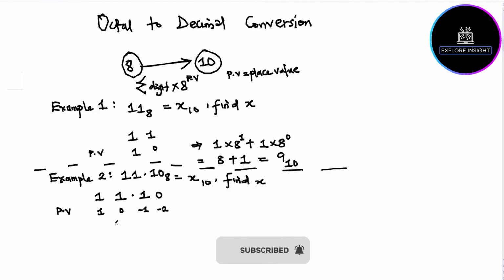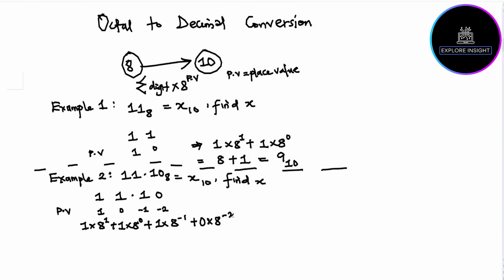So in that manner, I'm going to have 1 times 8 in the power of 1 plus 1 times 8 in the power of 0 plus, remember the summation, plus 1 times 8 in the power of -1 plus 0 times 8 in the power of -2.